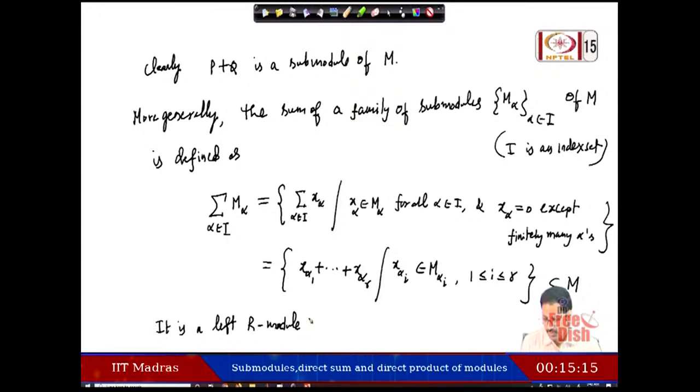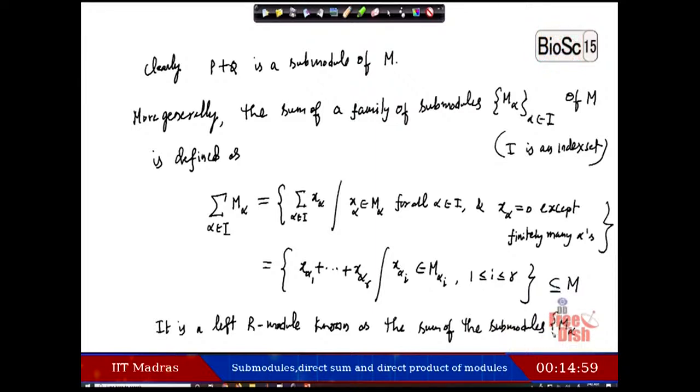Okay, it is also a left R module known as the sum of the submodules M alpha, alpha belongs to I.